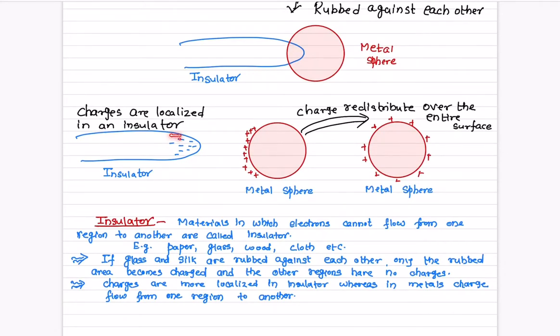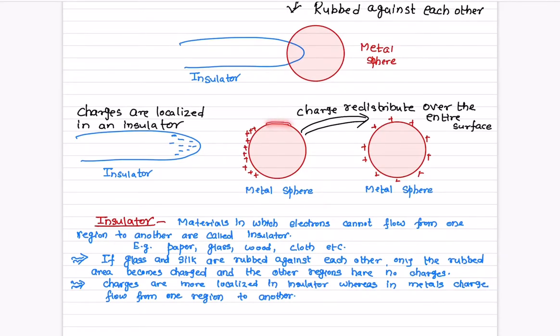So the insulator becomes negatively charged. Let's say it has 10 extra electrons and the metal sphere has 10 extra protons in comparison to the electrons.